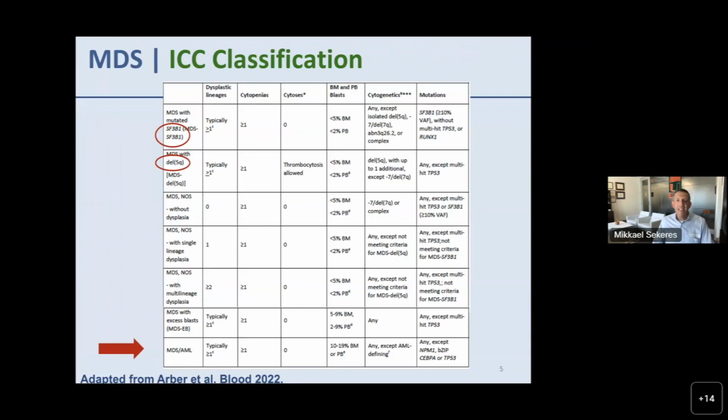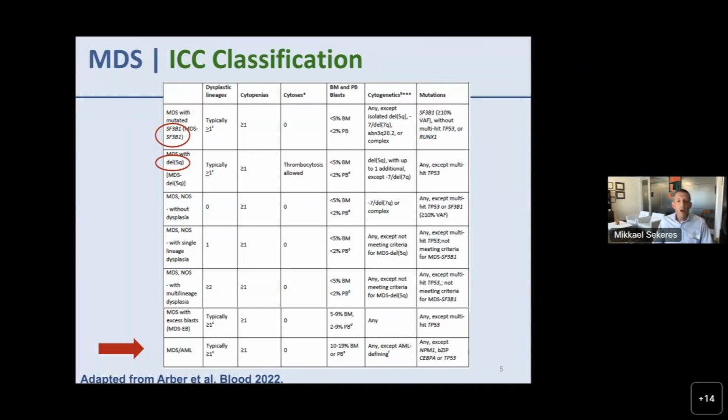Now, the ICC has classified MDS slightly differently. They too identify MDS with an SF3B1 mutation, and those with a deletion 5q abnormality, but don't call out those patients specifically with a TP53 abnormality.